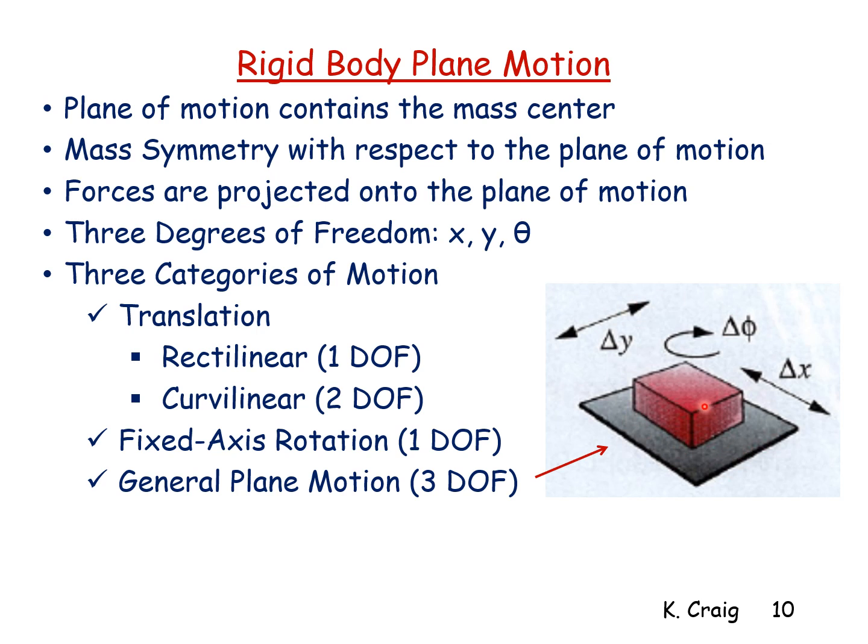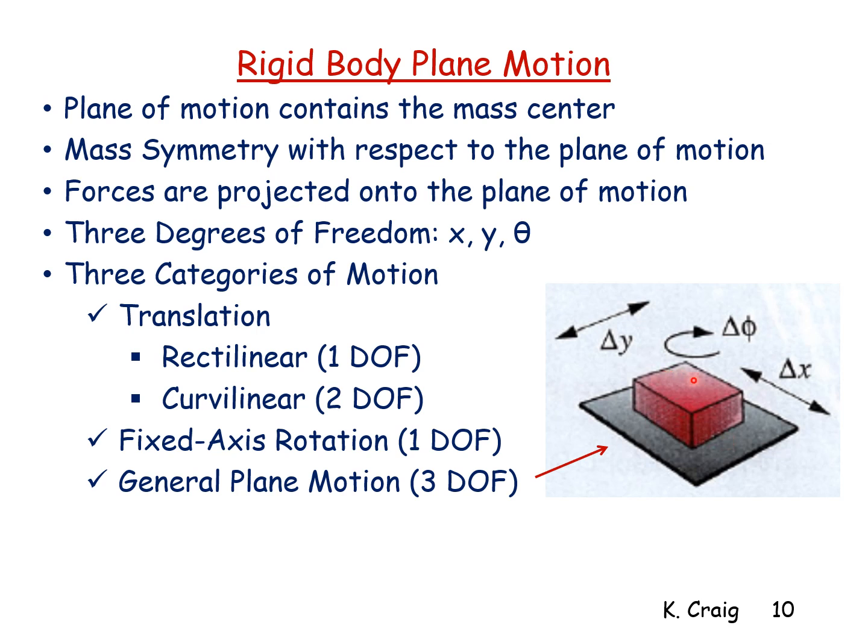If the block simply translates in the x direction, it's 1 degree of freedom. If it translates along some curve in the plane, 2 degrees of freedom, as it has x and y components. That's translation without change in orientation. If it keeps its same orientation as it moves, then it's simple translation.